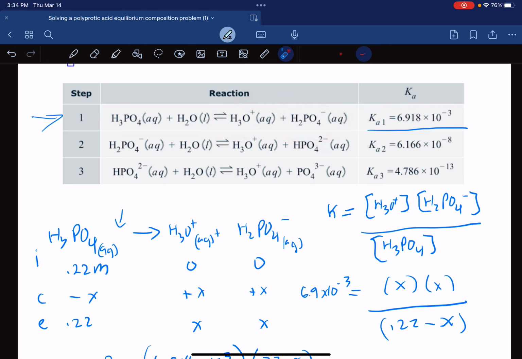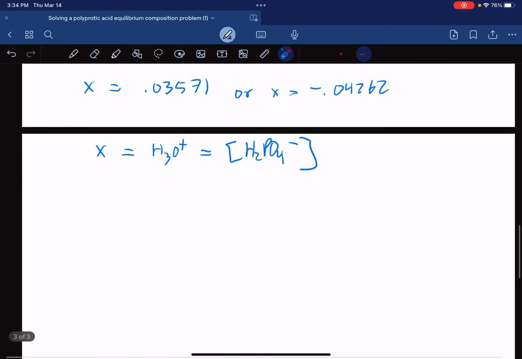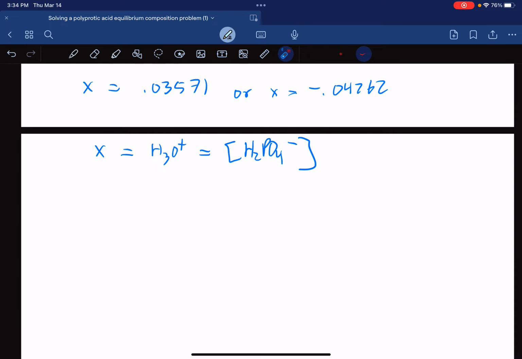Because ultimately in the problem, they're wanting us to solve for the concentration of this. So what that means is we're going to then use this equation right here, but we're going to start off with this and this in these two places. So if that's a little bit confusing, let's rewrite, but this time we're going to write it with our second equilibrium expression, and it's going to be our H2PO4 minus plus water.